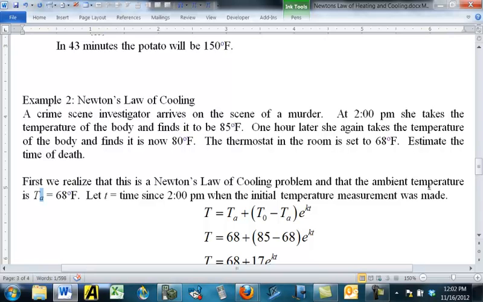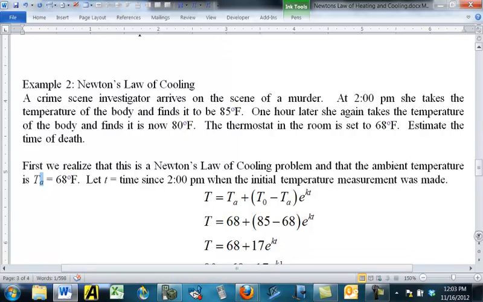So with that assumption, let T be the time since 2:00 p.m. when the initial temperature measurement was made. Okay, so we are going to have some negative time here. In fact, the time of death is going to be a negative time.